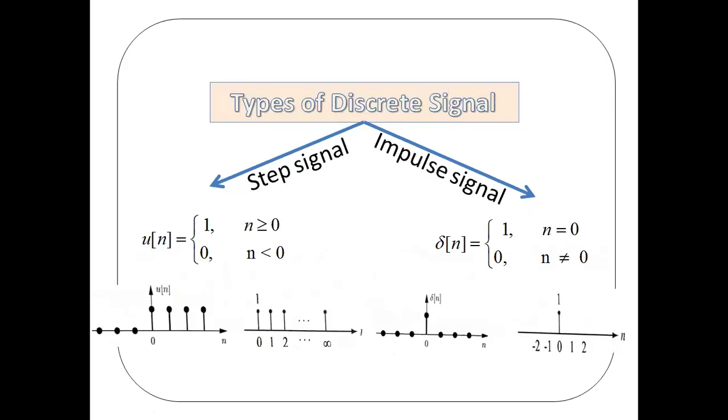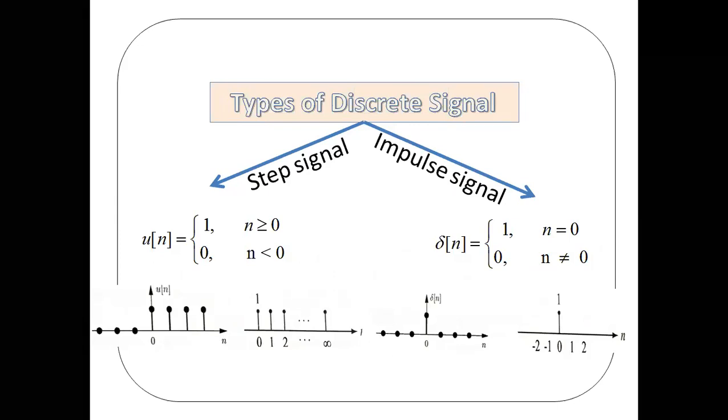Right, so next we're going to see the types of discrete functions. Basically, these are things that we have done before in continuous time signals. If you can recall, in continuous time we have a step signal and also an impulse function. In a step signal we have u[n], which is equal to 1 for all n bigger than or equal to 0, and 0 for n less than 0.